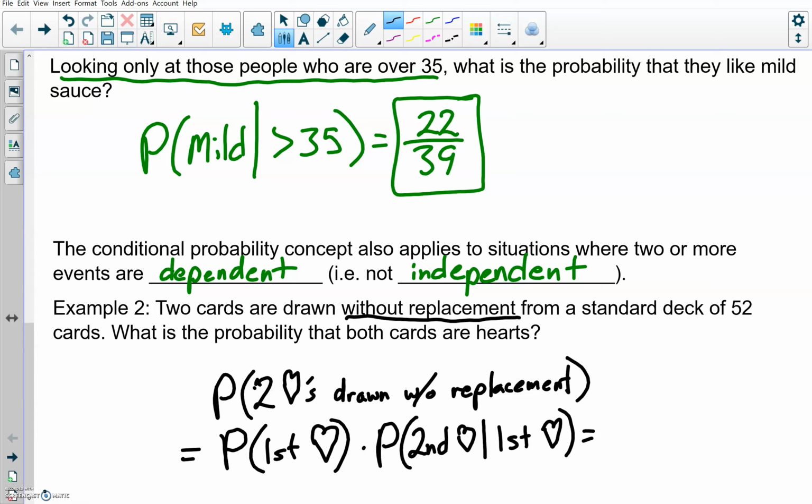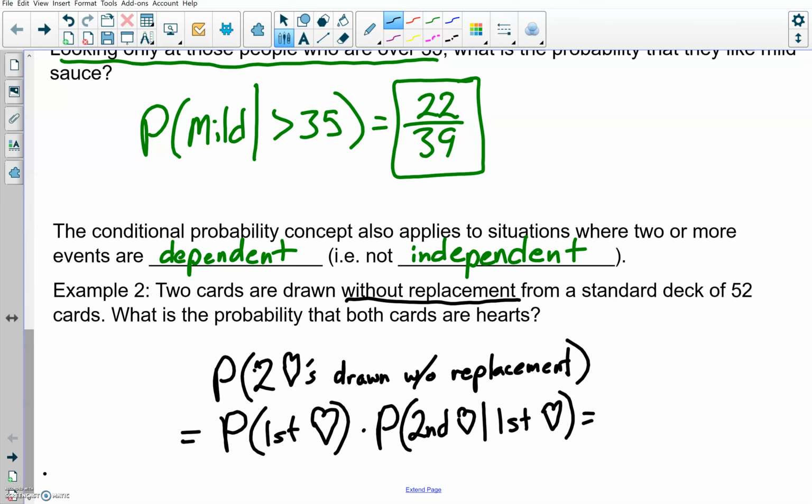So you're saying, okay, I want to know the probability of 2 hearts being drawn without replacement. I'm going to assume that whatever needed to happen on the first draw happened so that I could get the second one as well to satisfy everything. So you're always kind of optimistic with this. And that's why I'm saying here for the first one, we're going to get a heart, and then the probability of the second one, given that the first one was a heart.